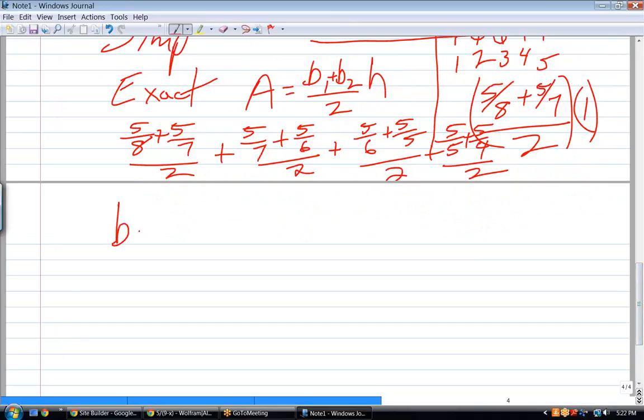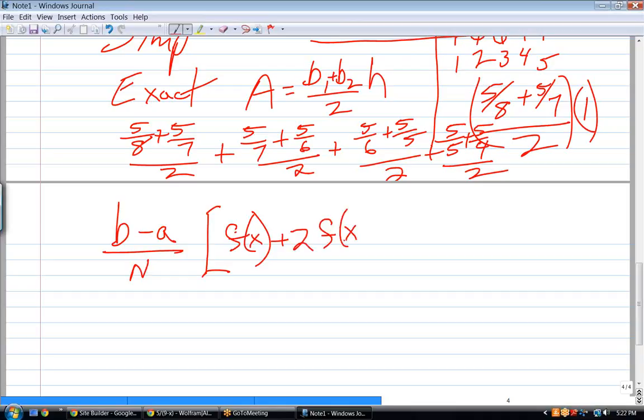It's b minus a over n times f of x sub 0, plus 2 f of x sub 1 plus 2 f of x sub 2 plus, in our case, 2, no, the last one is only used once.